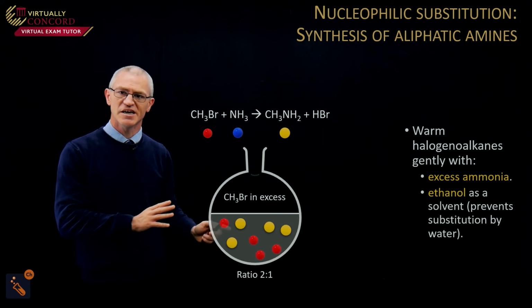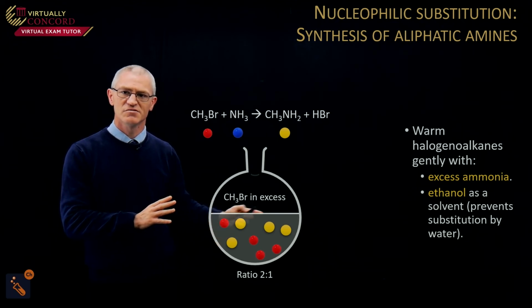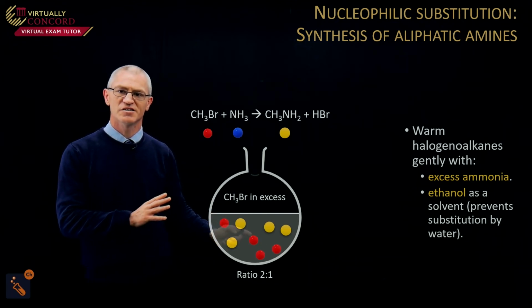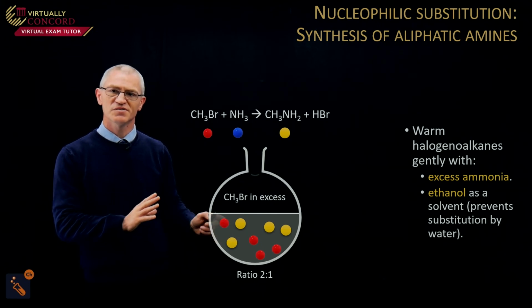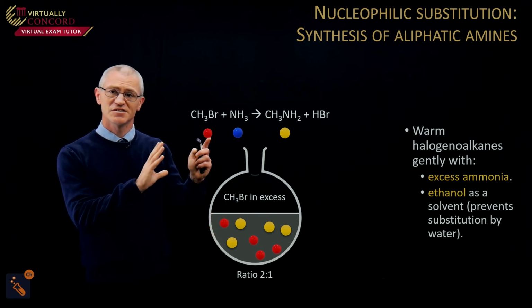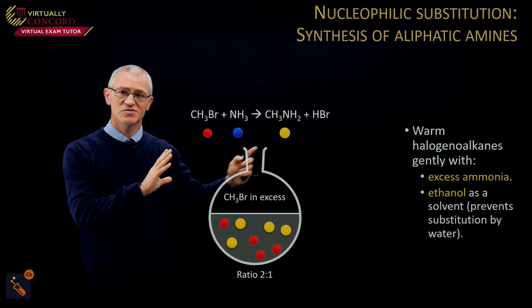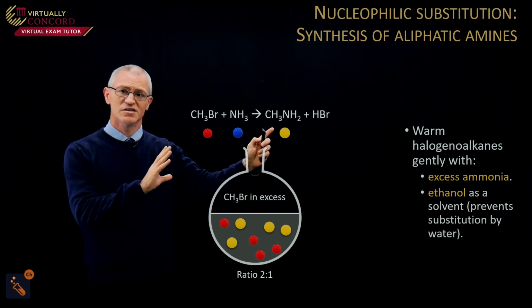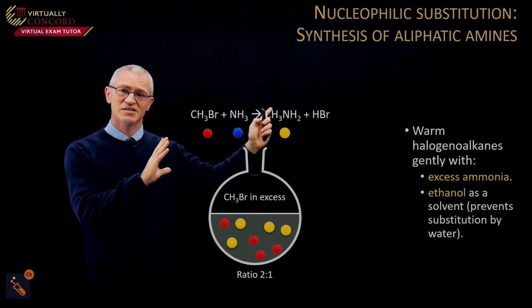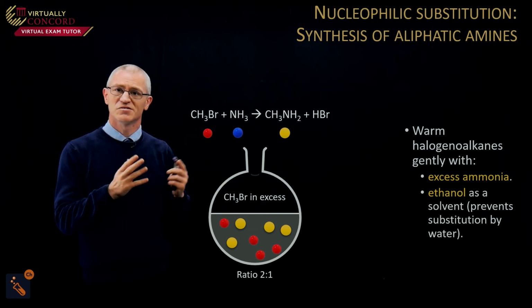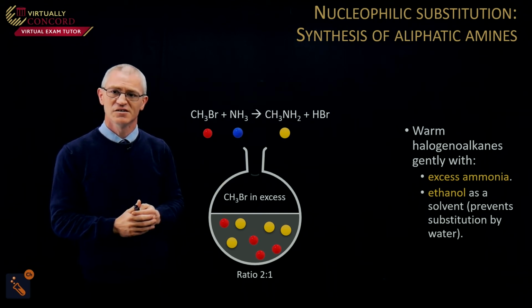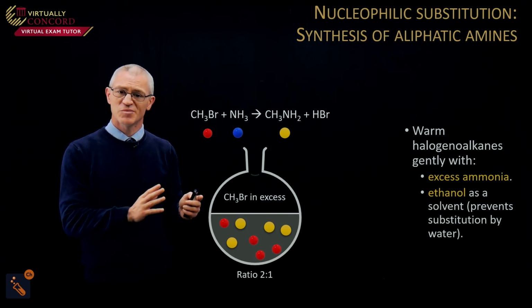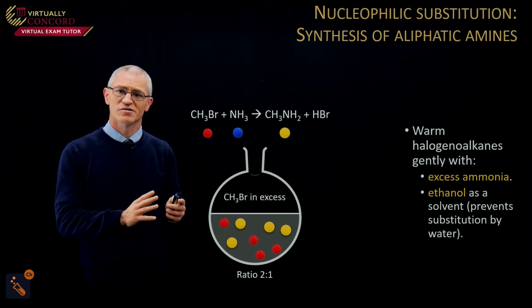The amine is the yellow, and our halogenoalkane is the red. Now, I told you in the previous slide that the halogenoalkane can still react with the amine, because the amine still has a lone pair of electrons on it, so it still acts in terms of nucleophilic substitution. That means I will get a mixture of products.